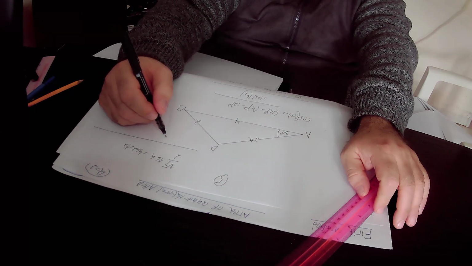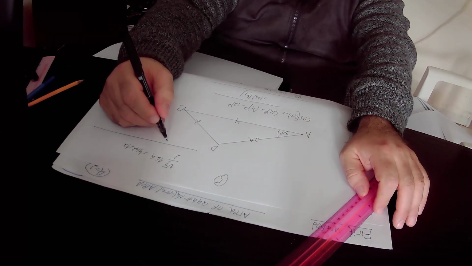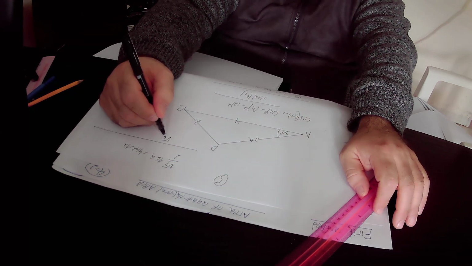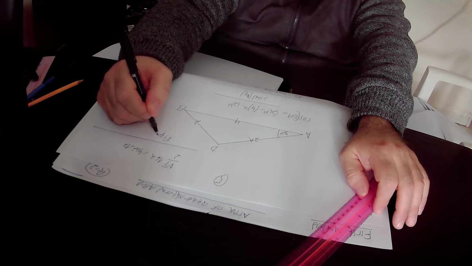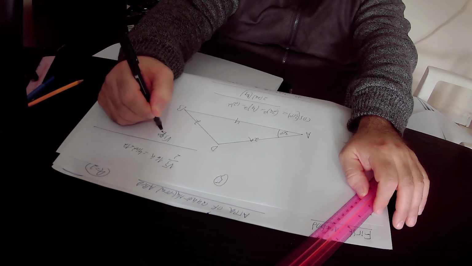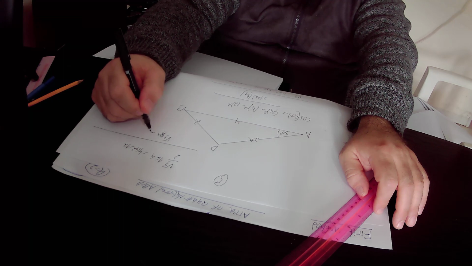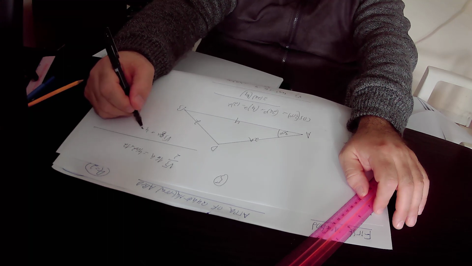So we get that square root of 3 times 8a equals 4a squared plus 12.